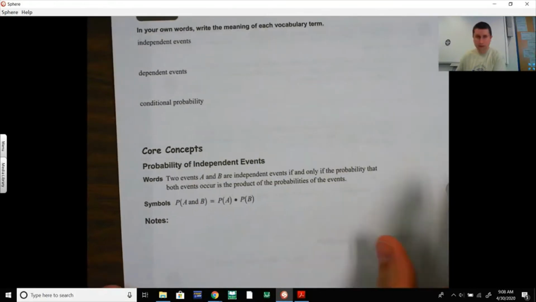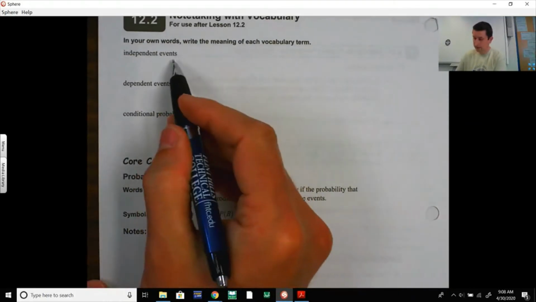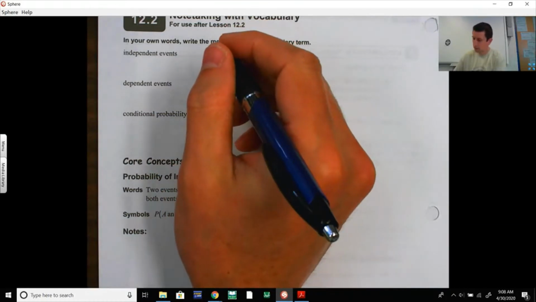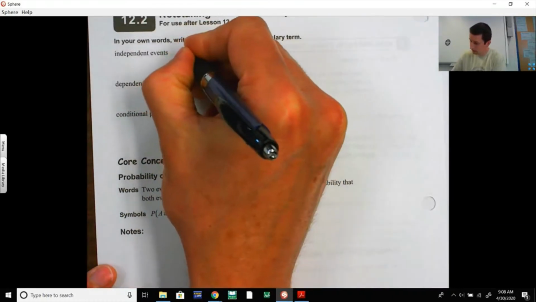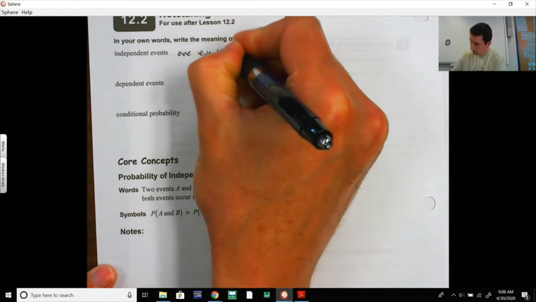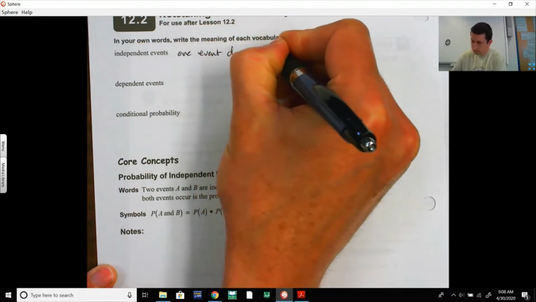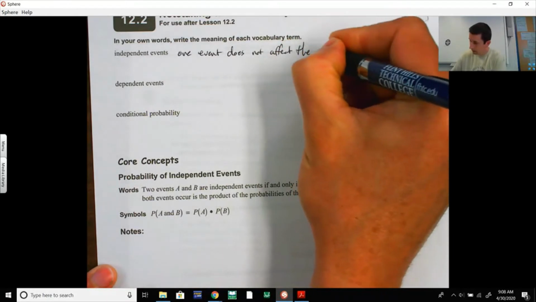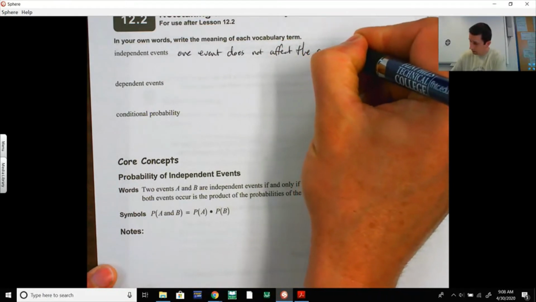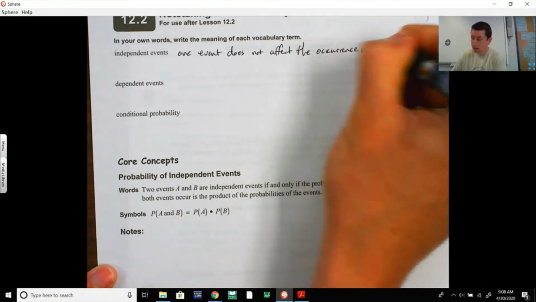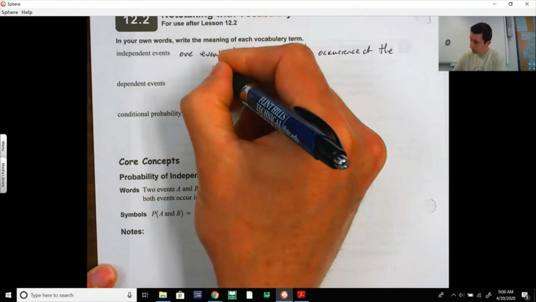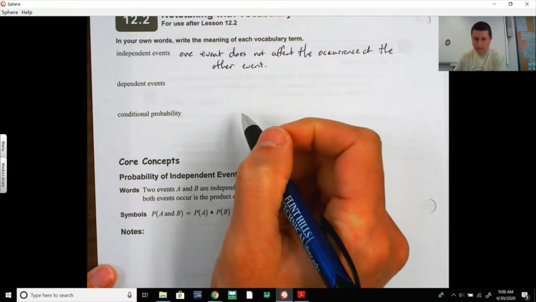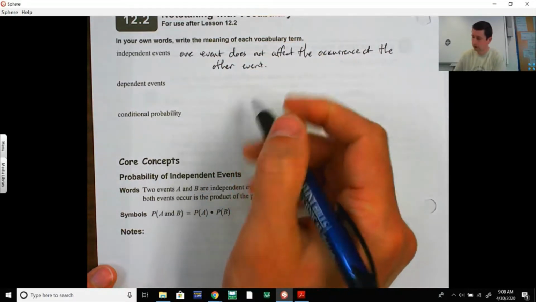Okay, so here's the vocabulary where we can fill that in. Independent events: one event does not affect the occurrence, that's the word they use, of the other event. And then dependent is just kind of the flip of that.